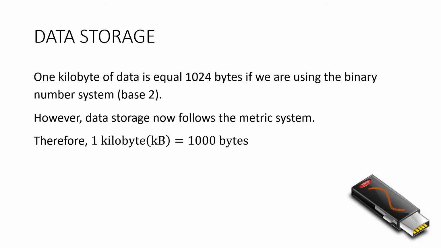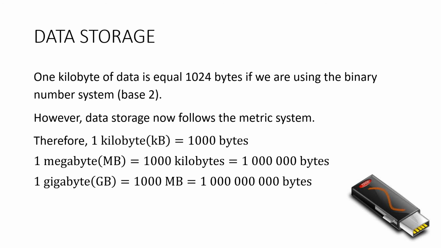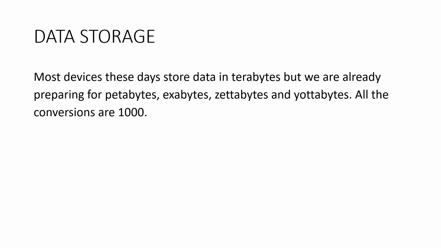So we have a kilobyte is 1,000 bytes, a megabyte is 1,000 kilobytes, a gigabyte is 1,000 megabytes, and a terabyte is 1,000 gigabytes. Most devices these days store data in terabytes, but we're already preparing for petabytes, exabytes, zettabytes, and yottabytes. And in each case, the conversion is 1,000.